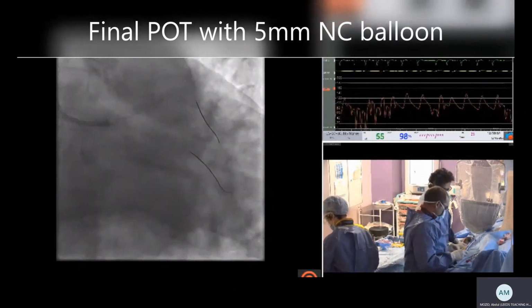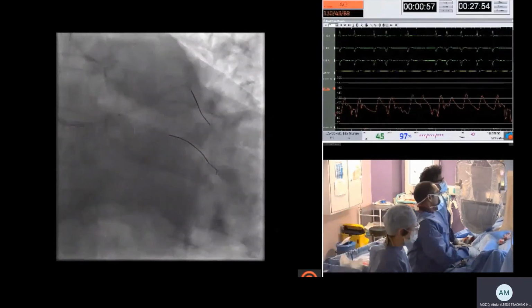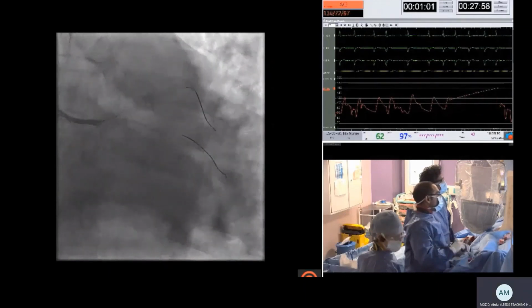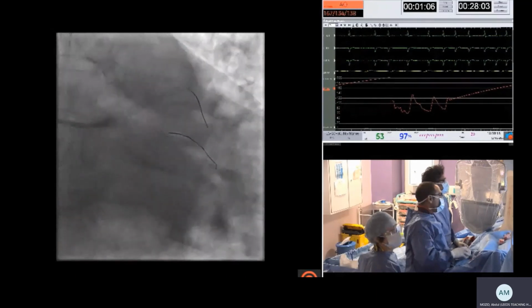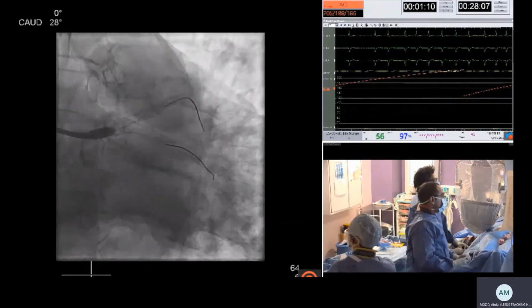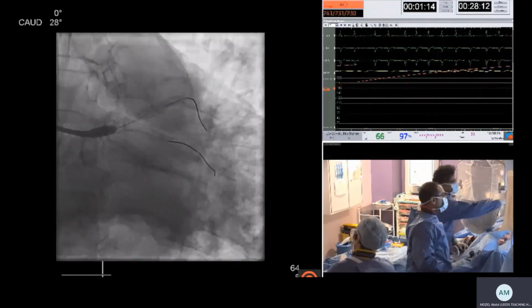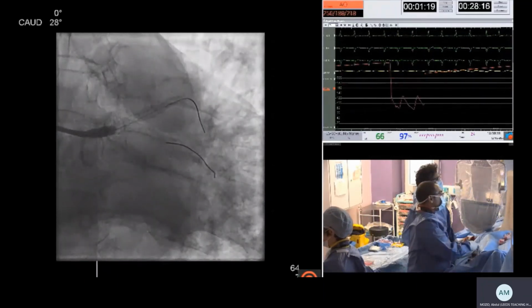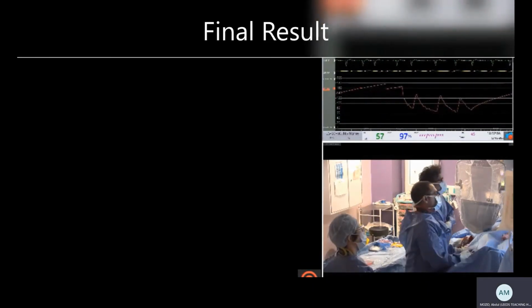And we did a final proximal optimization with a 5mm NC balloon, being careful to avoid the carina. And here is the final result.